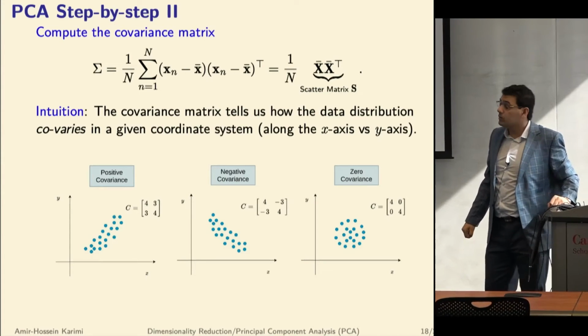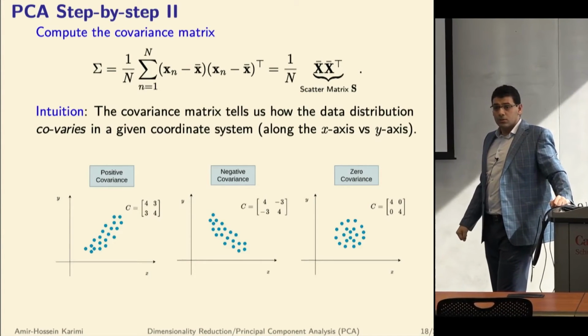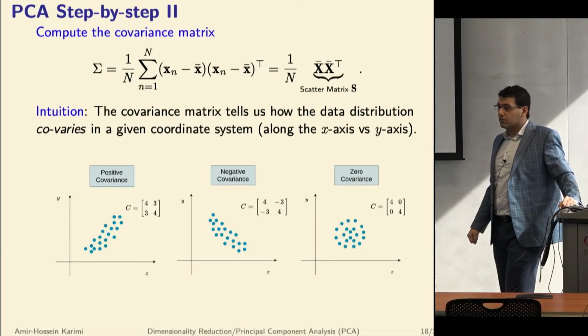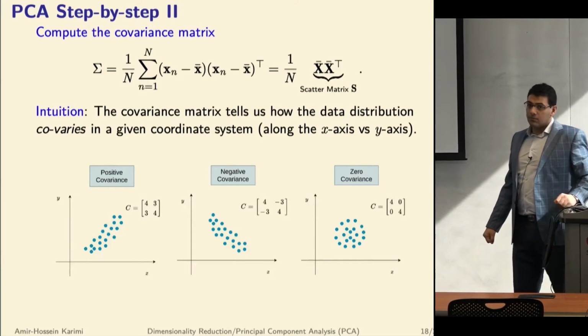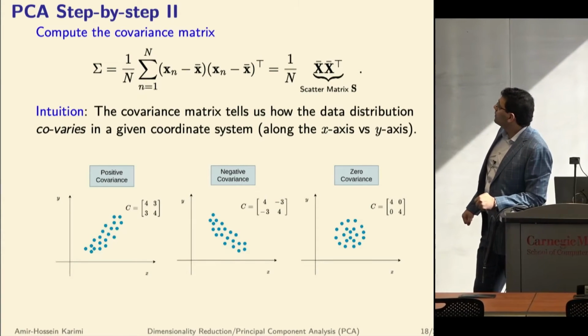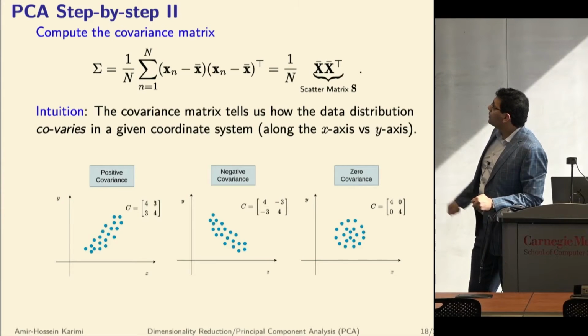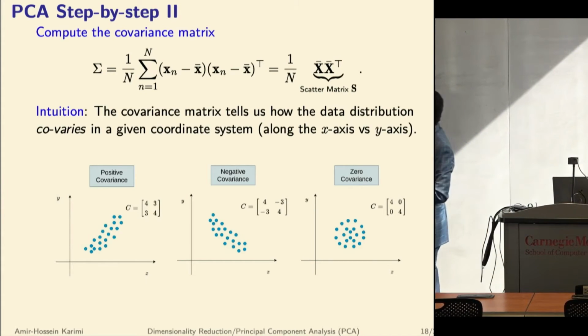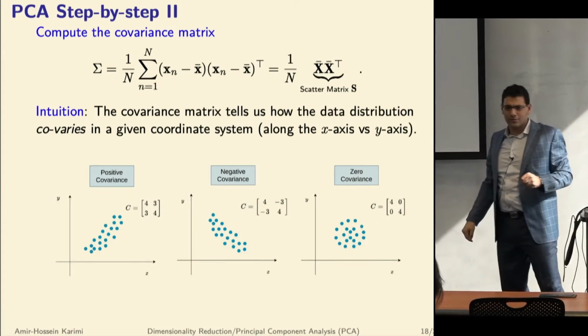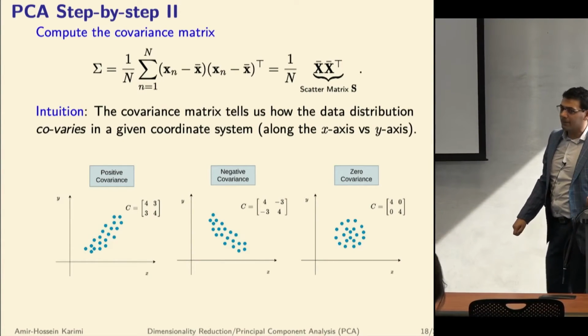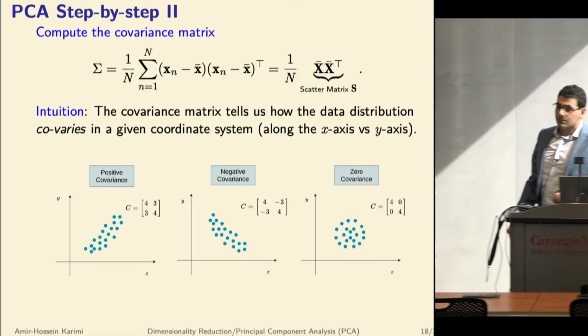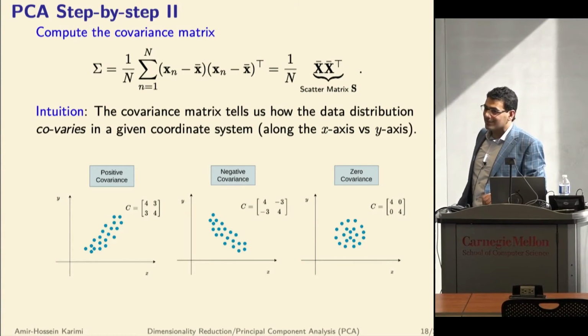And then we use that to compute the covariance matrix. What's the relationship between the scatter matrix and the covariance? Well, the covariance matrix is defined as the scatter matrix, normalized by the number of points. Sigma is the covariance. Yes.